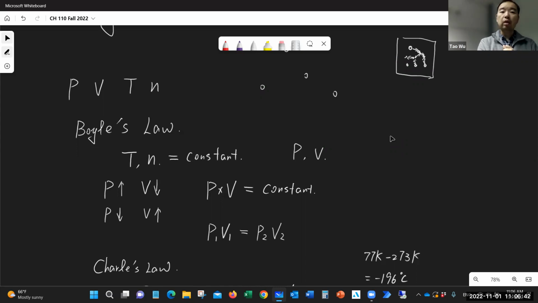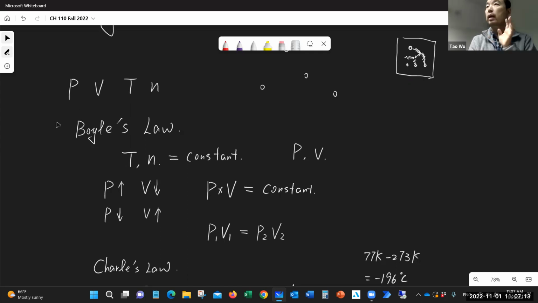And we also talked about several gas laws. We talked about Boyle's law, and generally the gas law talks about how we have 4 different parameters to determine the gas. What if we make 2 parameters constant, which means we're not changing those 2 parameters, and what is the relationship between the other 2?